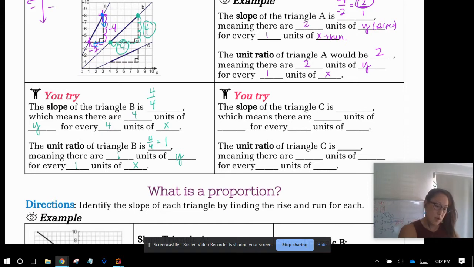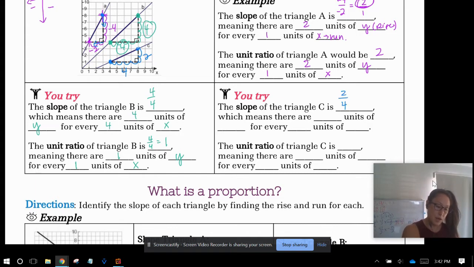Last example that you should try on your own. I personally see that if I count from the bottom point to the top point, I get to count in the positive directions. So 1, 2, 3, 4 over, and up 1, 2. So the rise is 2 and the run is 4.